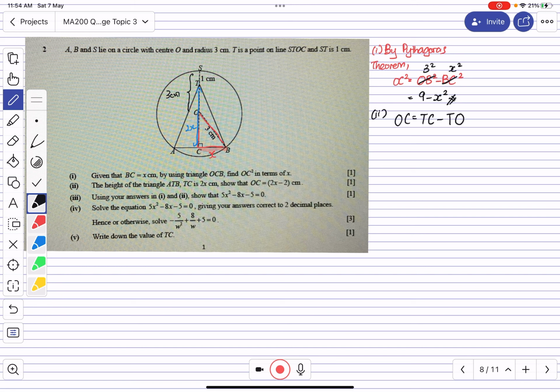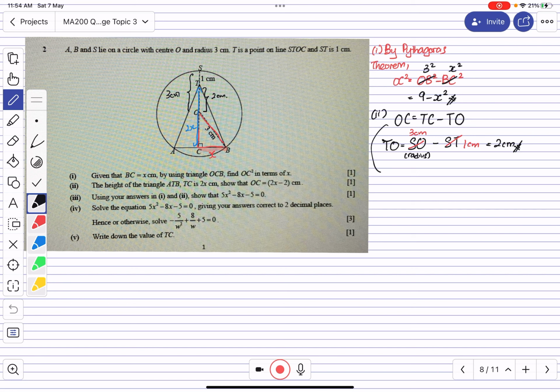You can see that TO is just SO minus TS. SO is the radius of the circle, 3 cm, subtract away ST, which is just 1 cm, which gives us TO to be 2 cm.